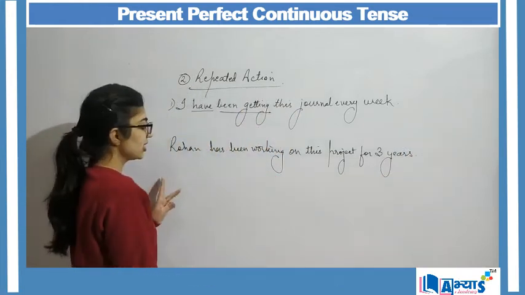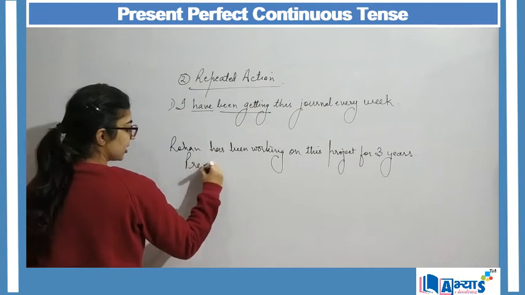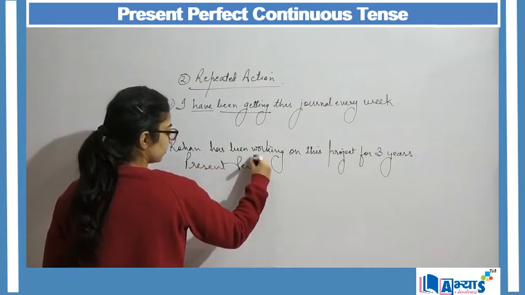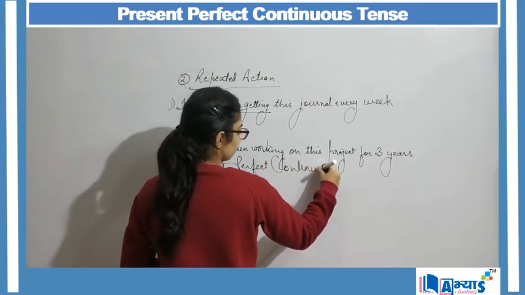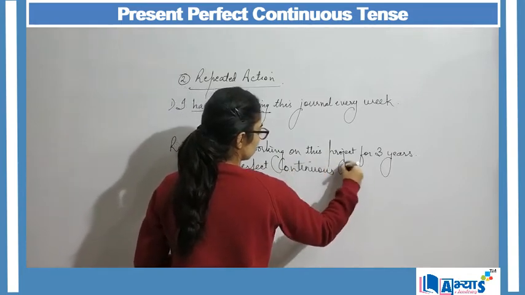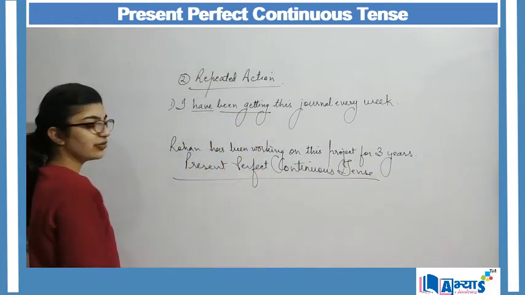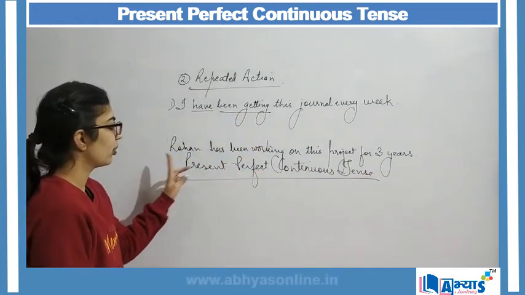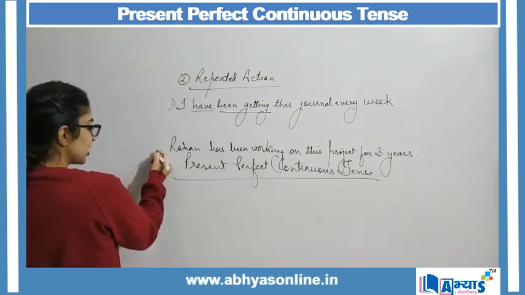Right? So first is Rohan has been working. This represents my present perfect continuous tense. So this is used to represent my present perfect continuous tense, that Rohan has been working on the project for 3 years.